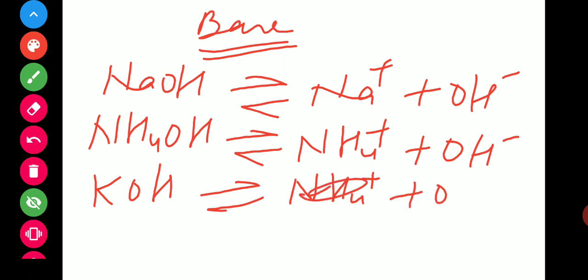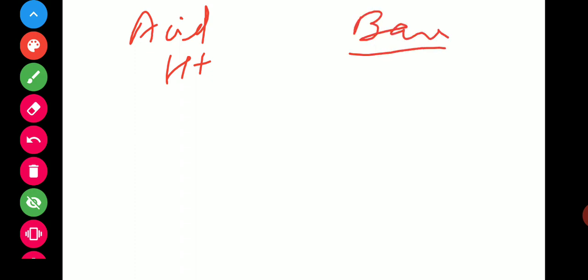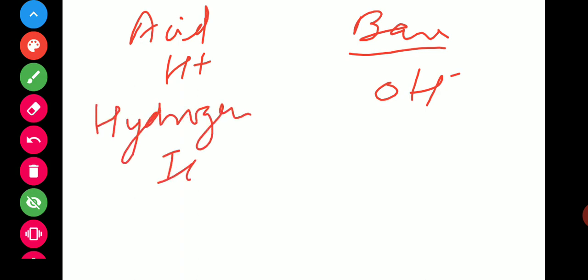This is K plus and OH minus. So due to the presence of this hydroxyl ion, it is a base. So acid is represented by hydrogen ion and base is represented by hydroxyl ion.